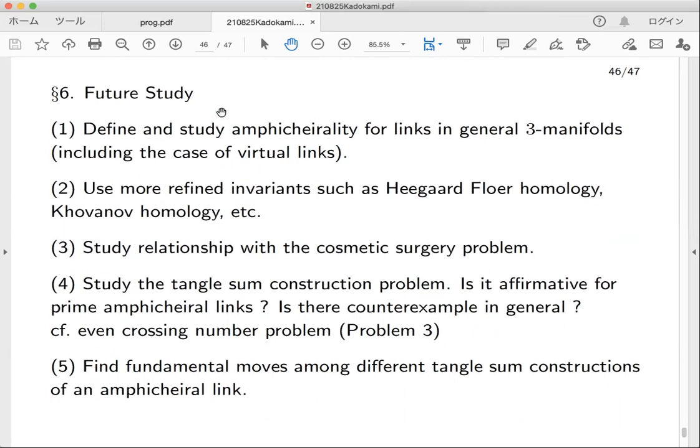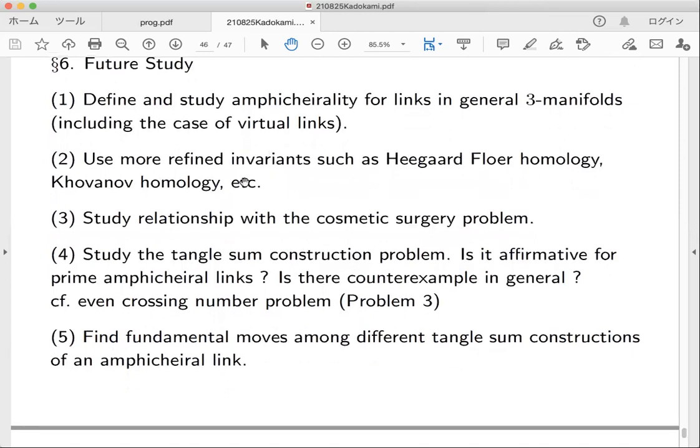For future study, the first one is to define and study amphicheirality for links in general three-manifolds, including the case of virtual links. The second is to use more refined invariants such as Heegaard Floer homology, Khovanov homology, and so on.